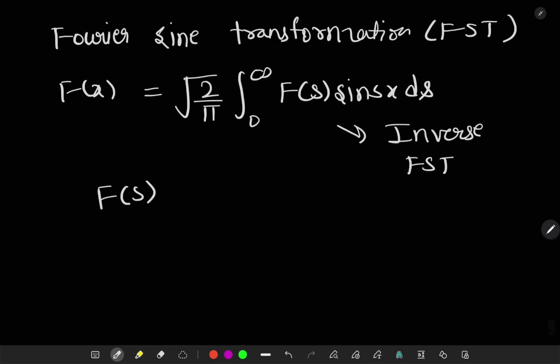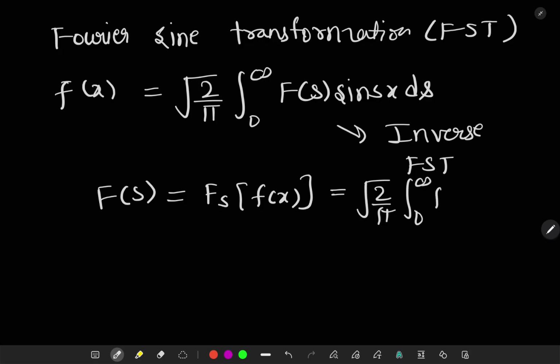And here f of s is the Fourier sine transform, which is written as root 2 by pi integral limits 0 to infinity f of t sine st dt.